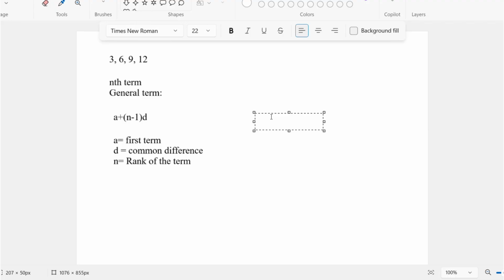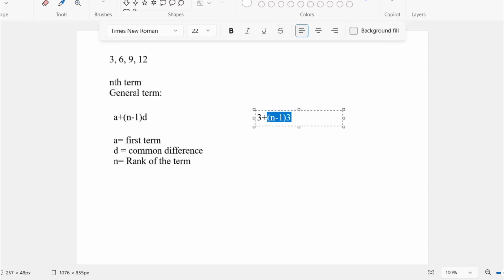So in this case, the first term is 3 plus n minus 1 inside brackets times d. So now we have all of this chunk of math, and now let's go through the common difference. If you observe it carefully, we can see that it's increasing by 3. So we can say the common difference is 3.